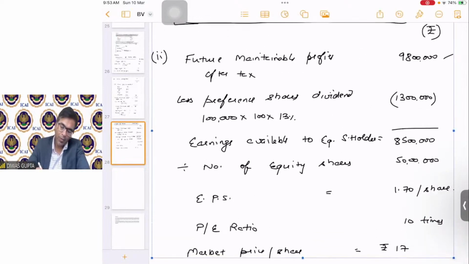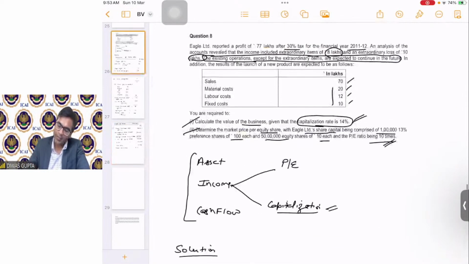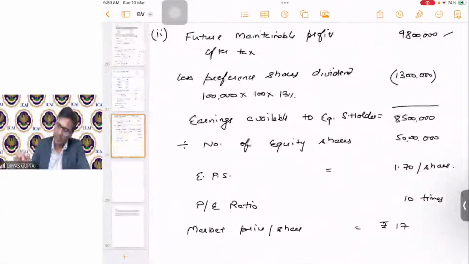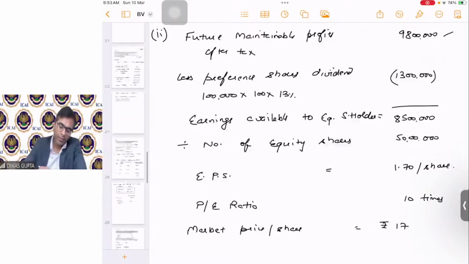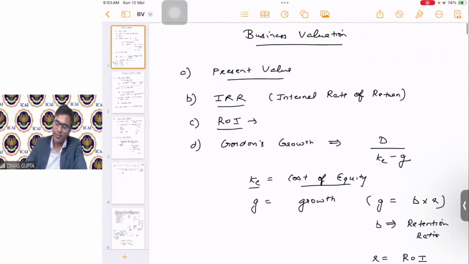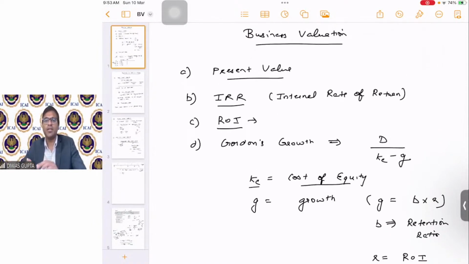So I hope question number 8 is clear, students. Again, if you see in this question, there were two different approaches, right? One is the PE approach, and second one was the capitalization rate approach, right? Perfect. So let's just, students, revise what we have discussed in today's session.